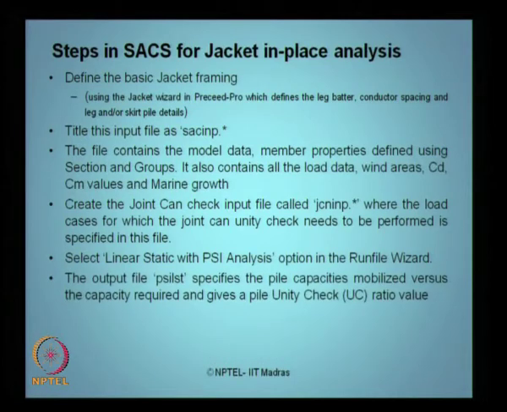The output file PSI list, or PSI LST, specifies the pile capacities mobilized versus the capacity required and gives a check for the unity check ratio, what we call UC. So, it will check the pile capacity ratio and the available capacity which has been imposed on the pile, and we will check whether it is exceeding 1 or lower than 1.